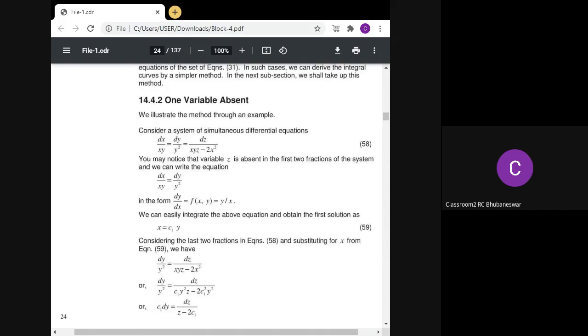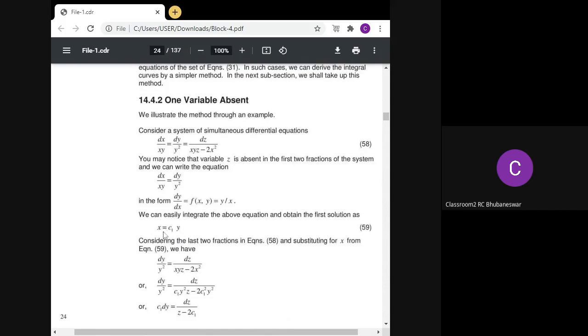Now we can use the variable separable method to find the solution of this differential equation dy by dx equals y by x, and the solution will be x equals c1 y. That means this relation will help us find the other solution of the system of differential equations.